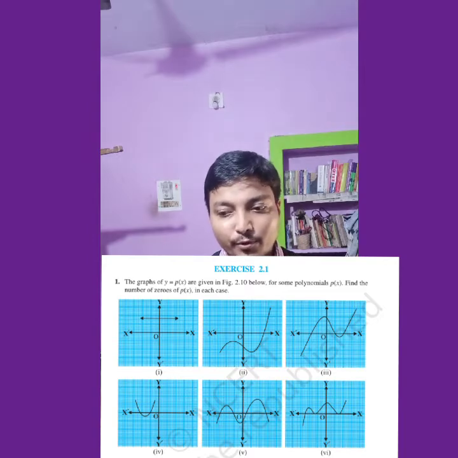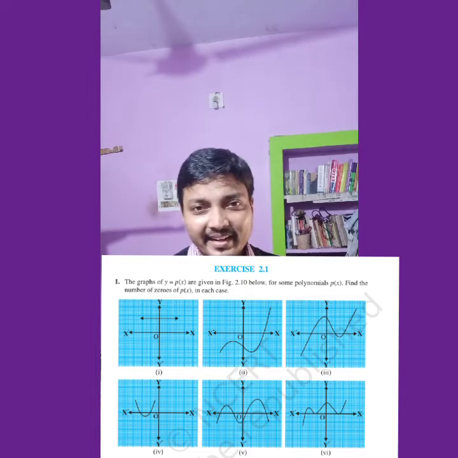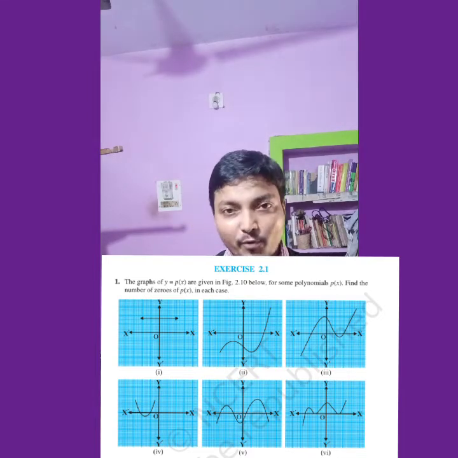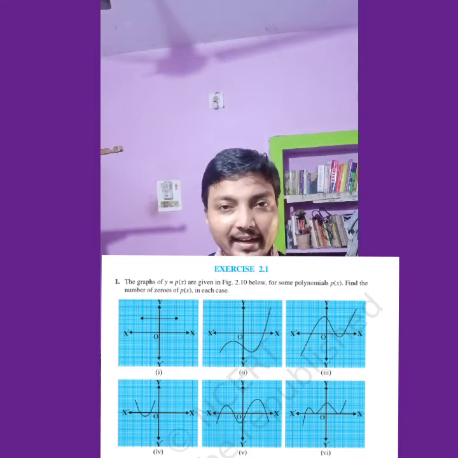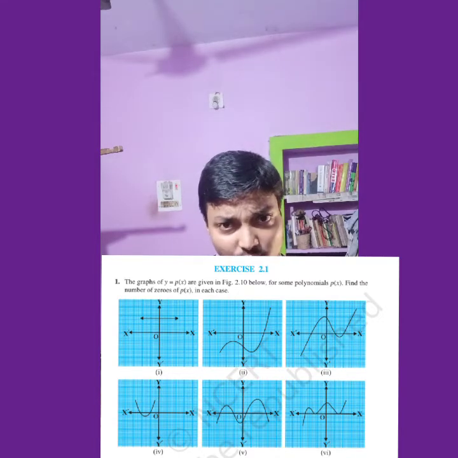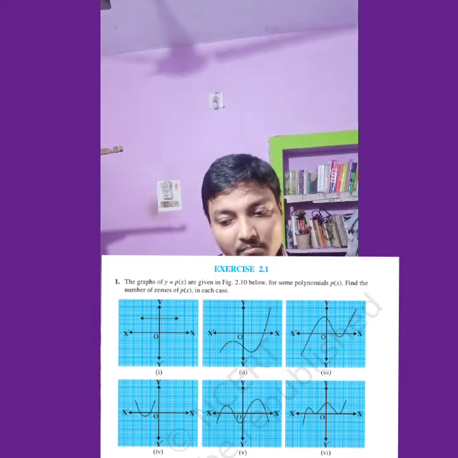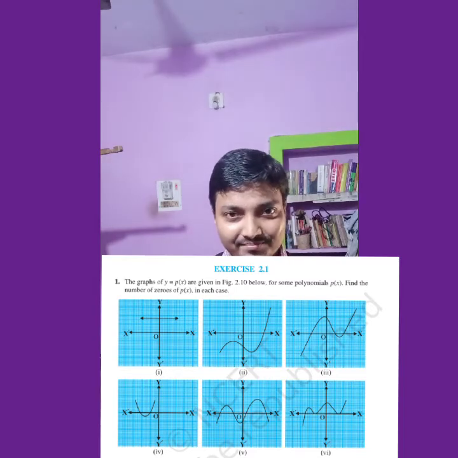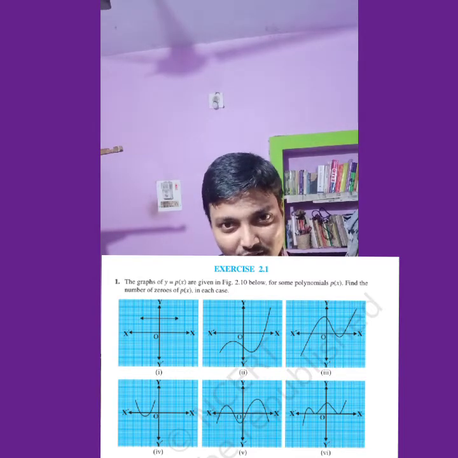In question number V, the graphical representation of the polynomial is given, and the curve intersects the x-axis at 4 different points, so that polynomial must have 4 zeros. Understood?